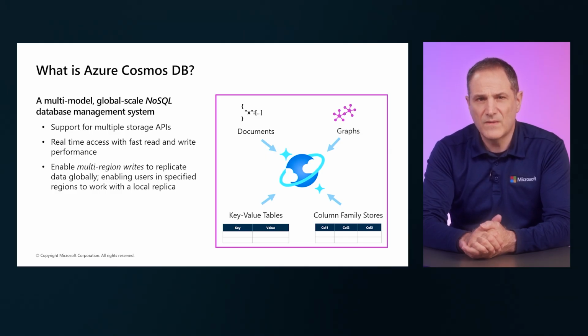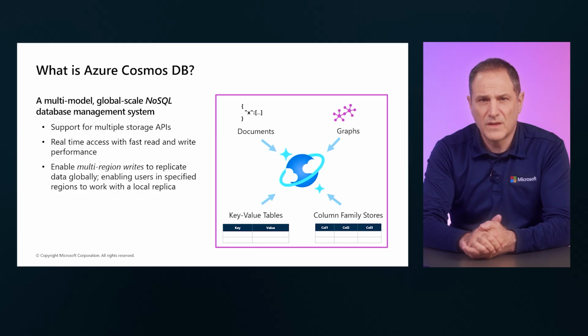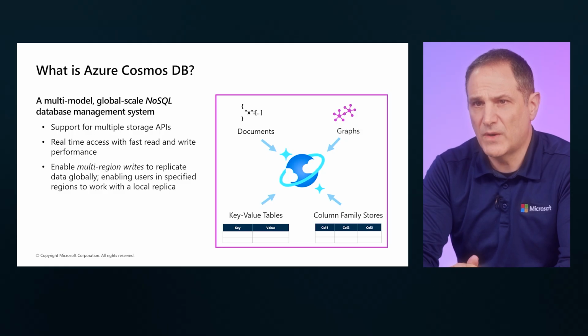Instead of forcing everything into relational tables, you can use documents when items vary in shape, graphs when connections matter most, key value stores for simple lookups, column family stores for wide semi-structured records. Azure Cosmos DB brings all of these patterns together under one managed service.